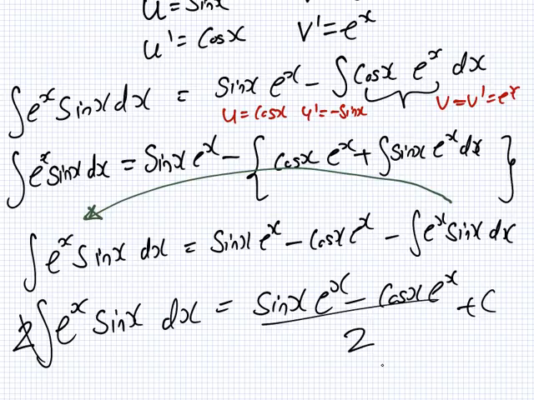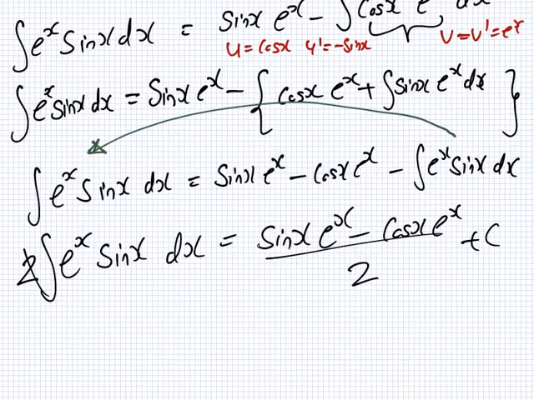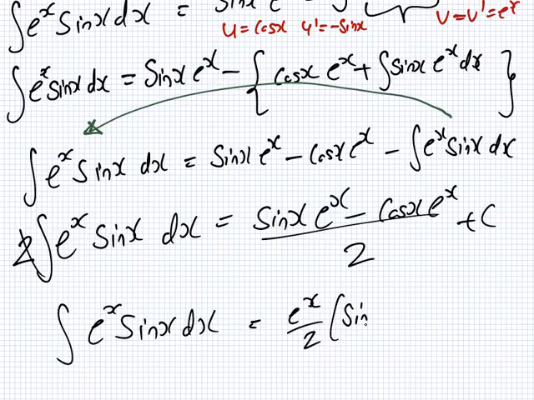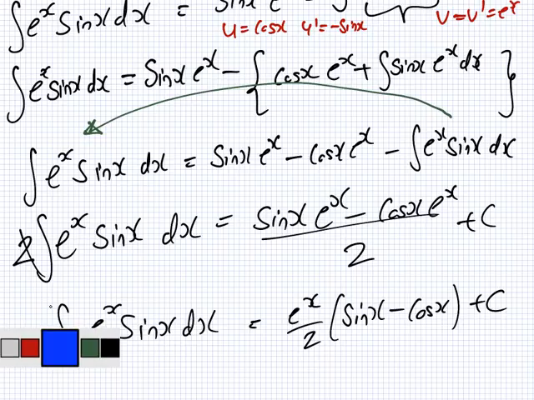I have the answer. So the integral of e^x sin x dx equals e^x over 2 times (sin x minus cos x), plus c. Interesting, yes?